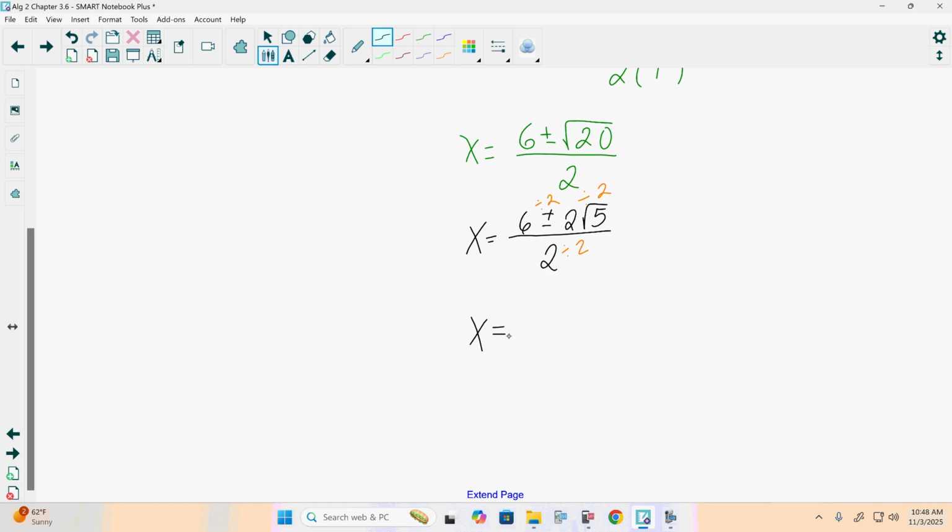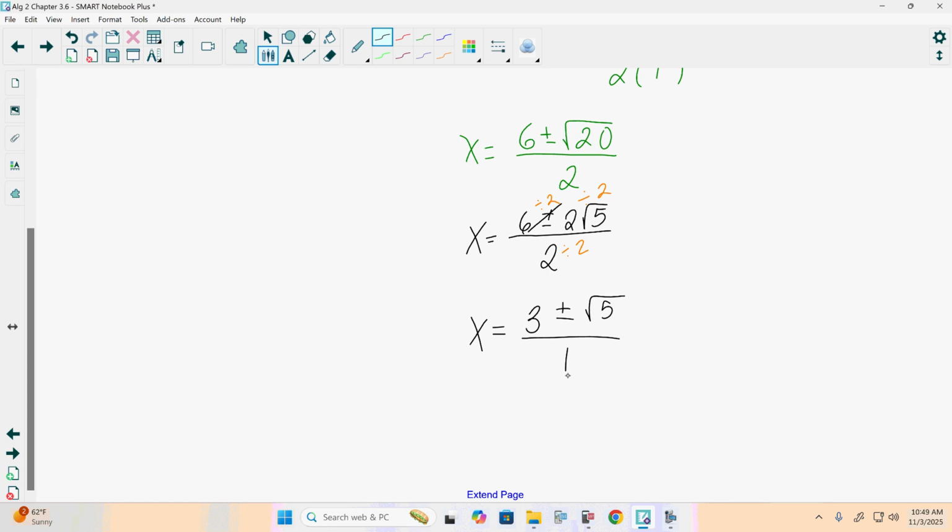So on top, we have 6 divided by 2, which is 3, plus or minus our 2 square root of 5 divided by 2. We're mainly just dividing that 2 out of the number outside of the radical. Our 2 divided by 2 is 1, telling us that we have 1 square root of 5. On the bottom of this fraction, 2 divided by 2 is 1.